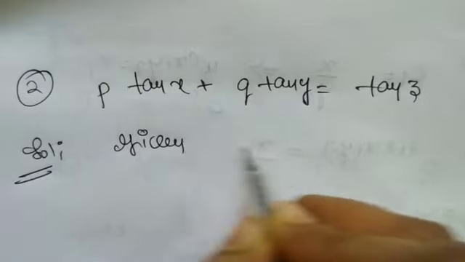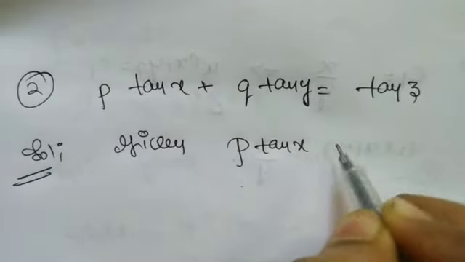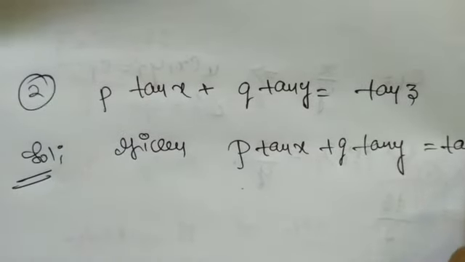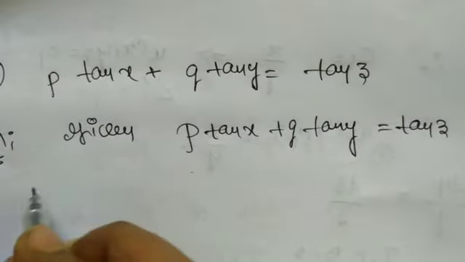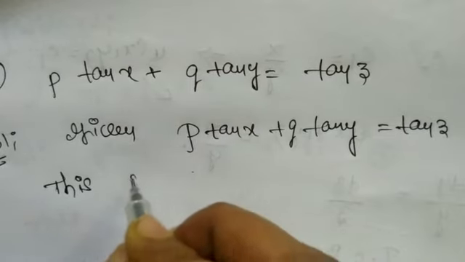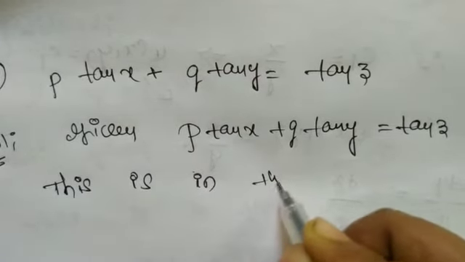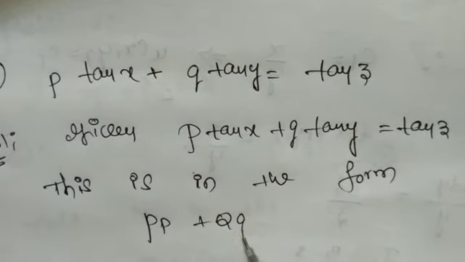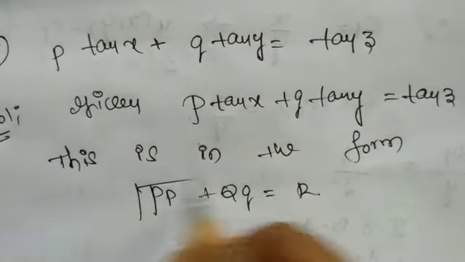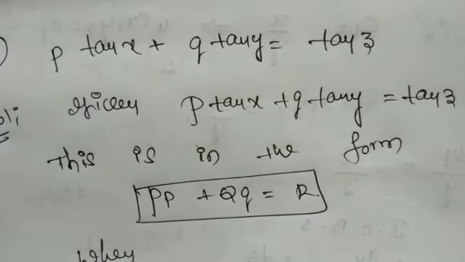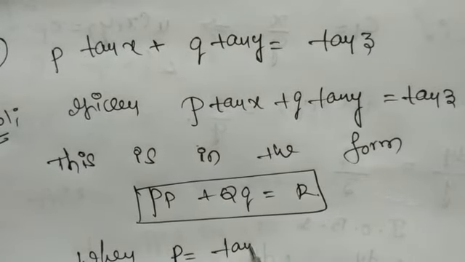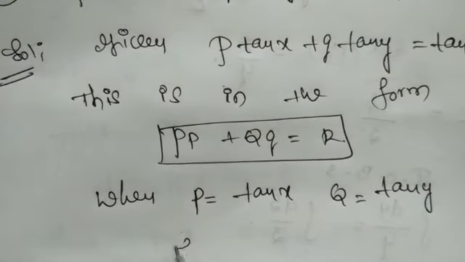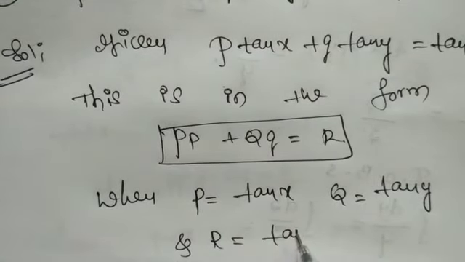Given P tan x plus Q tan y equal to tan z. This is in the form of Pp plus Qq equal to R, where P equal to tan x, Q equal to tan y and R equal to tan z.